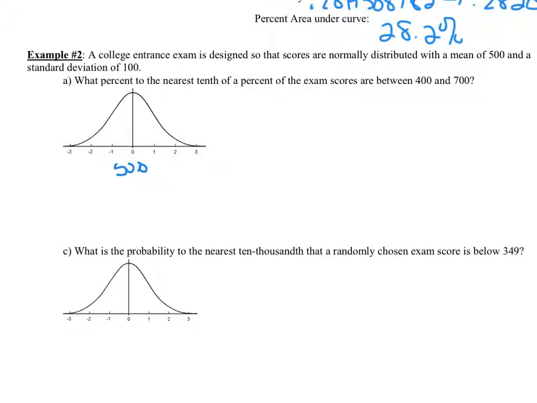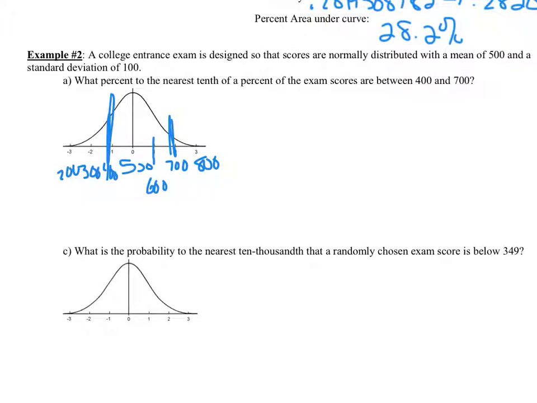You guys are good at this now, so shouldn't be a problem. The mean is 500. The standard deviation is 100. So each one of these, this would be 600, this is 700, this is 800, and down 400, 300, 200. Now this one's pretty easy. Between 400 and 700, you could actually, if you remember your percentages, just add those up in your head.